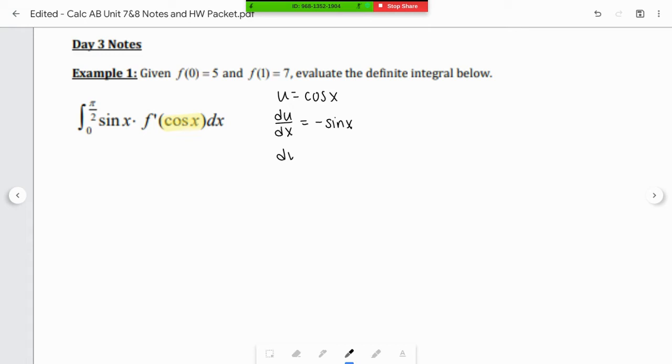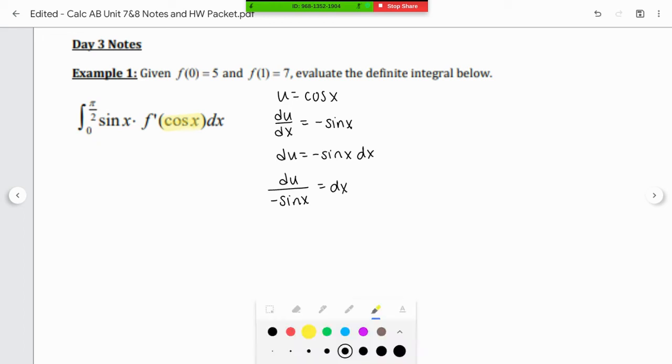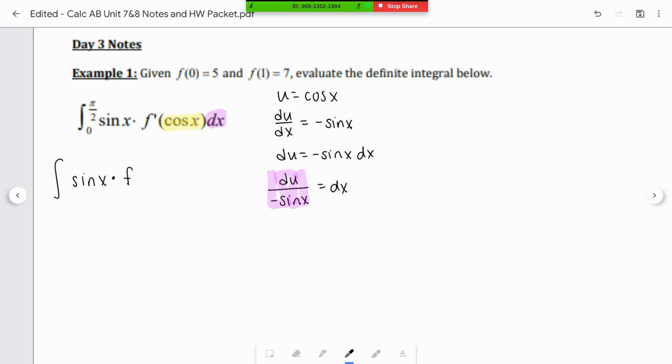And then solving this equation for dx is going to give me du over negative sine of x is equal to dx. So I'm going to plug that in for my dx in my integral. So that's right here. So I have then sine of x times f prime of u times du over negative sine of x.